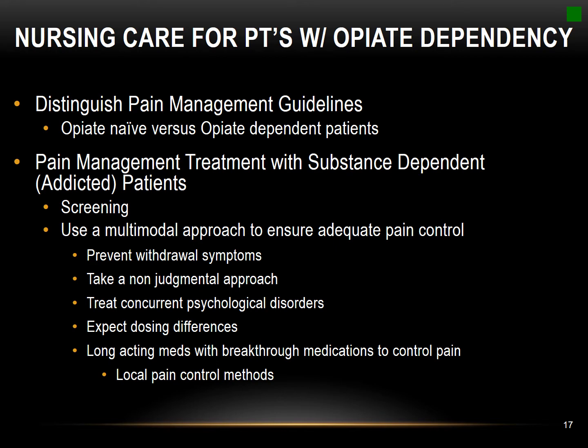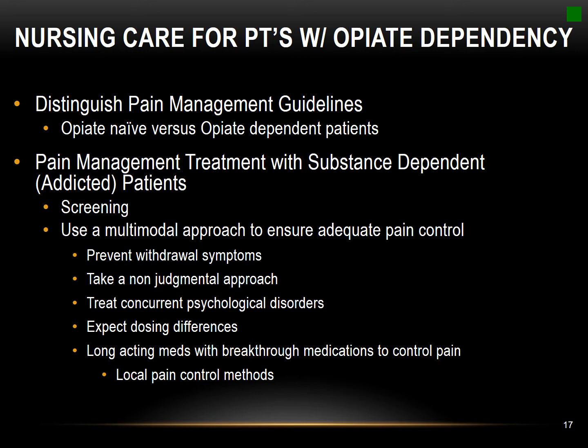During admission, we want to ask some pretty straightforward questions like, do you take any medications for pain? And if their answer is yes, get the name of the drug, the frequency of use, the route, the amount typically used, and the duration that the patient's been using that drug.